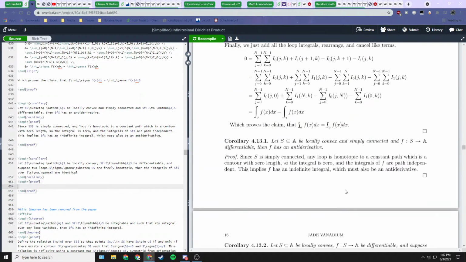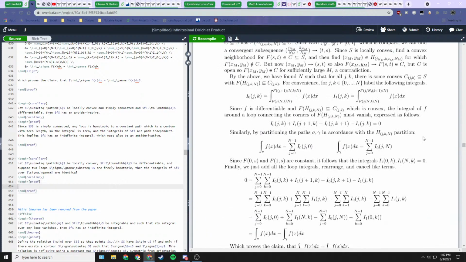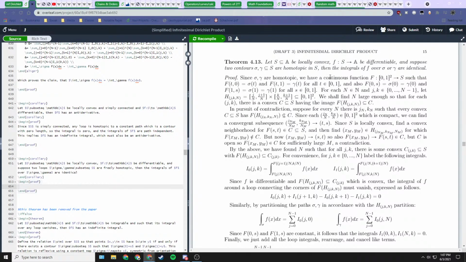So essentially, for this proof, we'll say this follows by modifying the previous theorem by changing the assumptions.